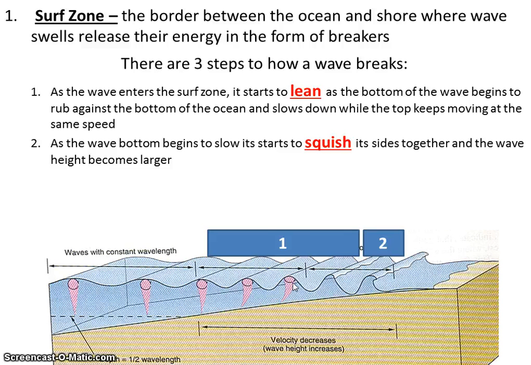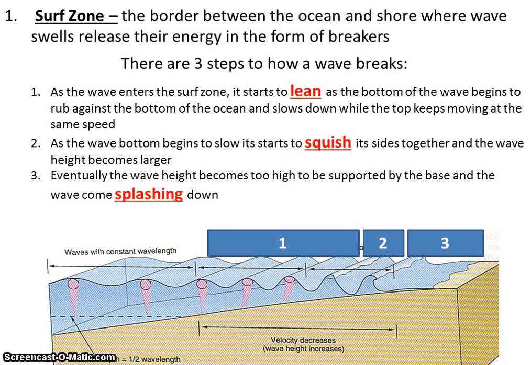And shortening the wavelength pushes up the wave height. As the wave shortens in its sides, it starts popping out from the middle. Now we have the wave not only leaning forward, but also the height of the wave, the crest of the wave, building. And as a result, between the lean and the squish, that's how you get a splash. It's both a leaning and a squishing that causes waves to break.